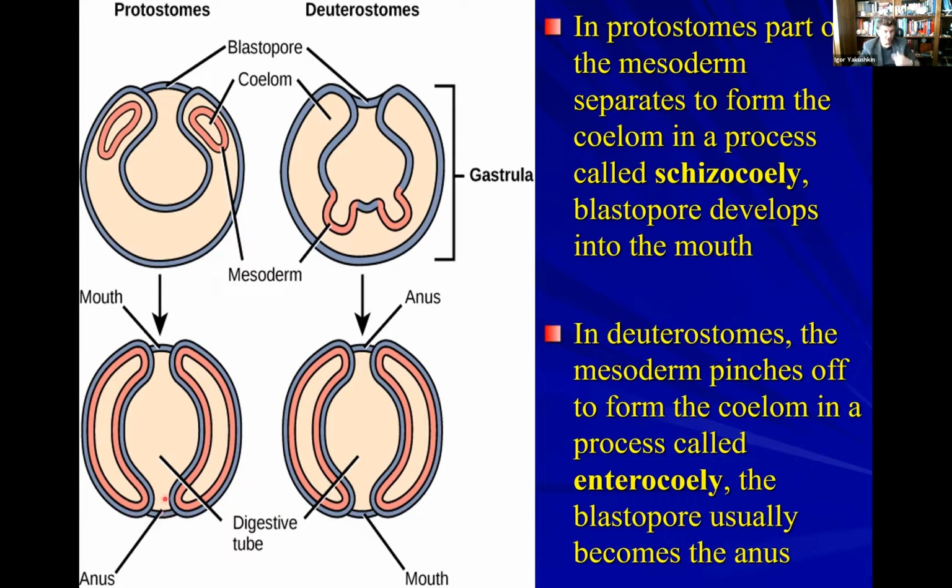So we will have a tube within the body. Now, in the deuterostome, that blastopore essentially will turn into the anus, the back end of the digestive system, and the mouth will form secondly. Therefore, the deuterostome. We belong, by the way, to the deuterostomes, humans, vertebrates.